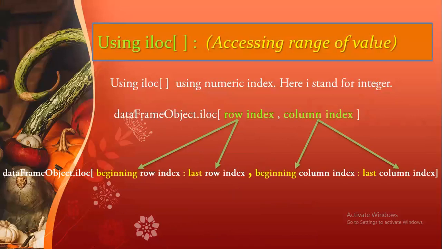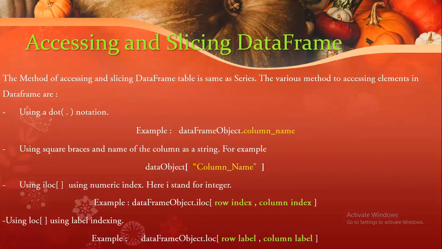Then finally we will use ILOC. Here we will use the index of rows and columns to access elements of data frame. There is also LOC, which I will cover in my next video lecture.